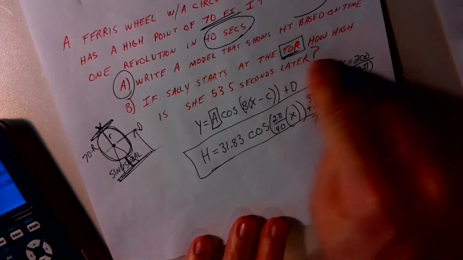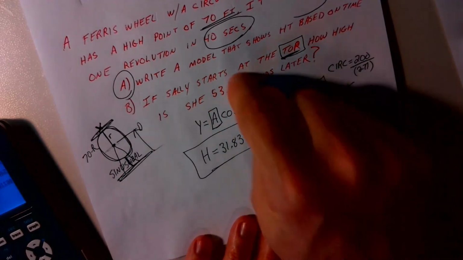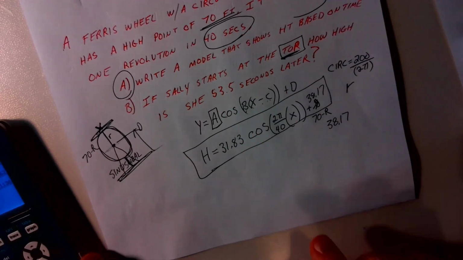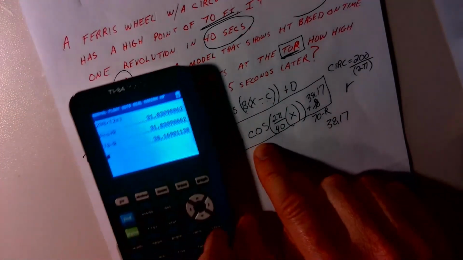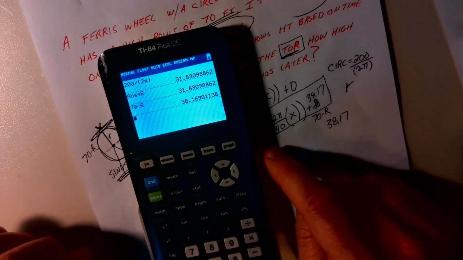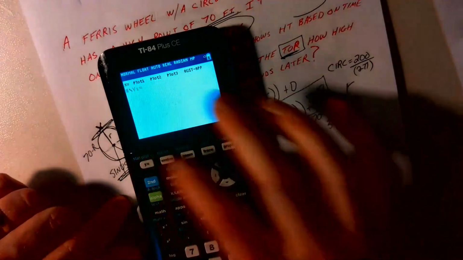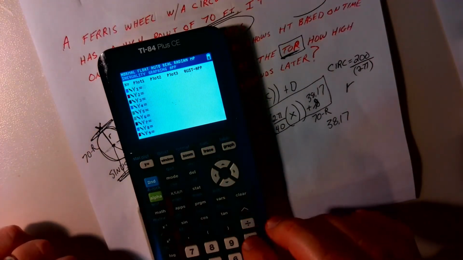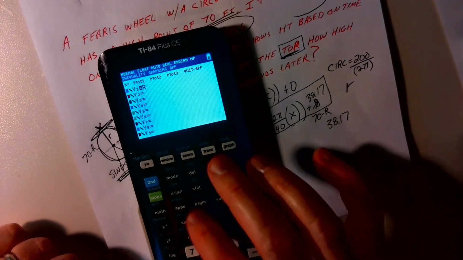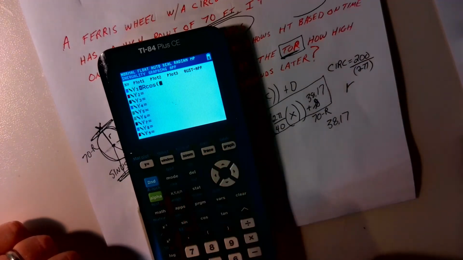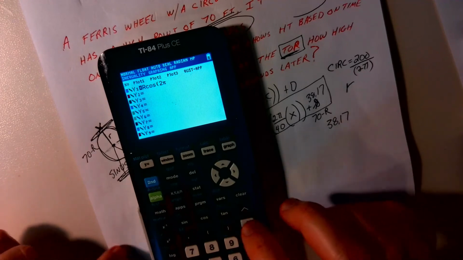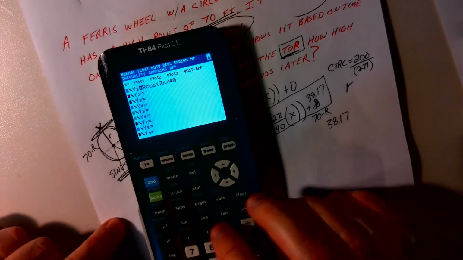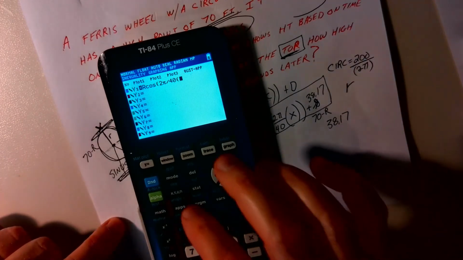And now to answer questions about it, I could ask lots of questions. I need this to get this. So we're hoping right now that this model, when I graph this, actually looks like what it's supposed to. So here we go. Y equals. Nice thing about this is I can still use R. I'm going to do cosine. I'm going to do 2 pi divided by 40. And then open parentheses.